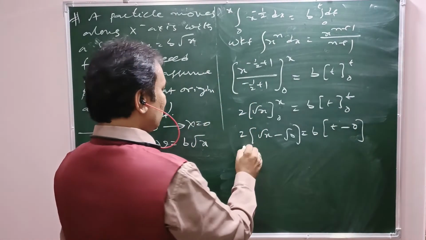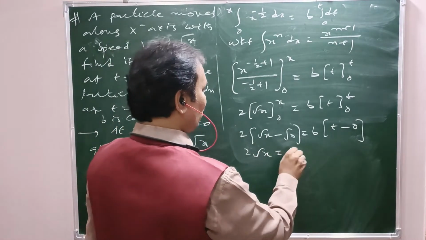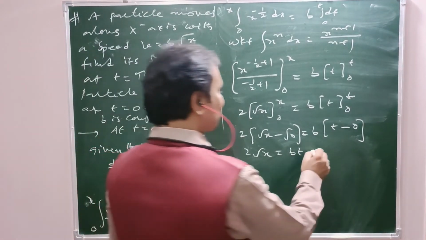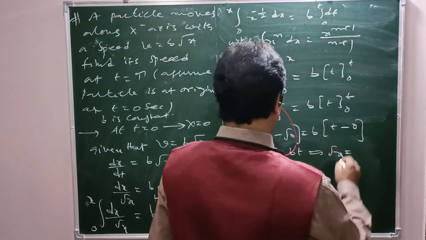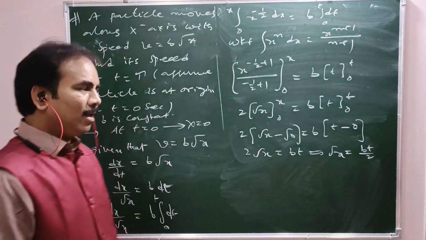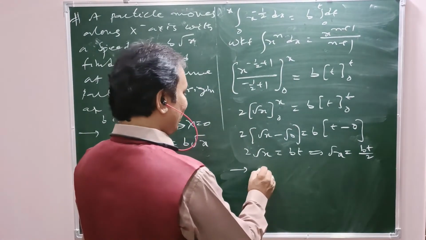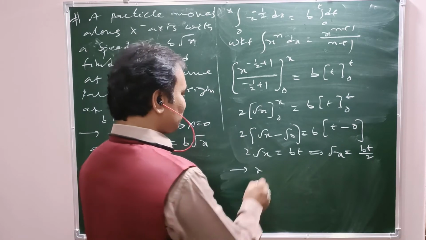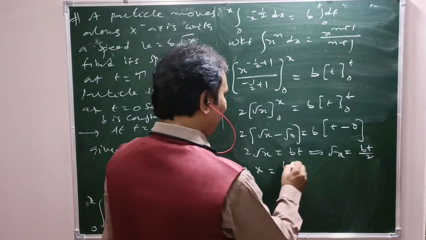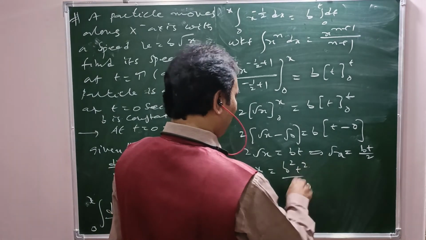That is, 2 root x equals bt. This implies root x equals bt by 2. On squaring, root x whole square gives x, so x equals bt by 2 whole square, that is b square t square by 4.